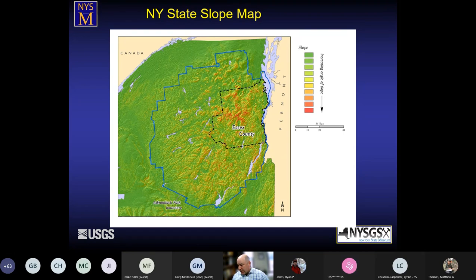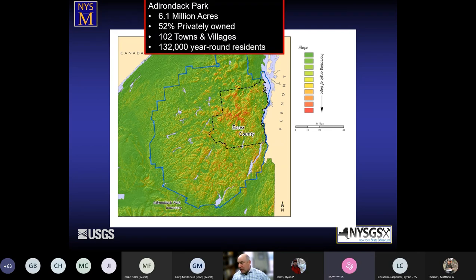The Adirondack Park is something that's talked about a lot here in New York State. And it's confusing because it's not all public land. It's about a 6 million acre area. Half of it's privately owned. There's lots of villages and towns, and it has a very low year-round population, given the size and scope of the area that it contains.